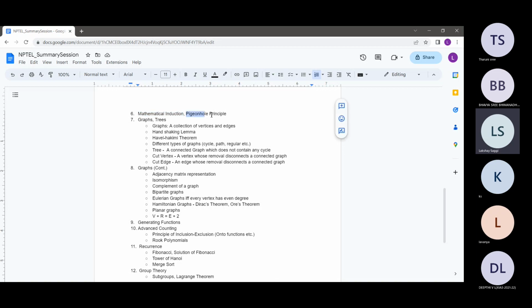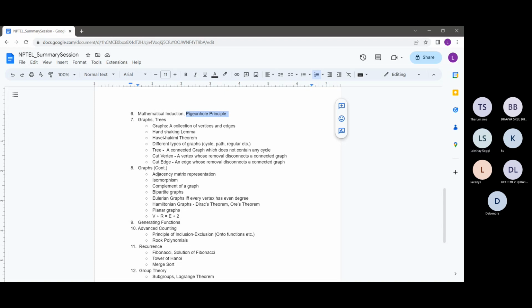So that's how mathematical induction works. The second thing covered in week 6 was the pigeonhole principle, which I think is quite important for everyone. Maybe you can look up the proper statement.